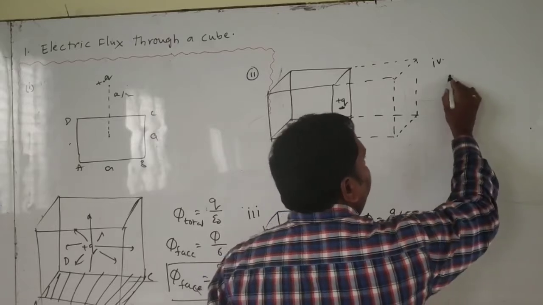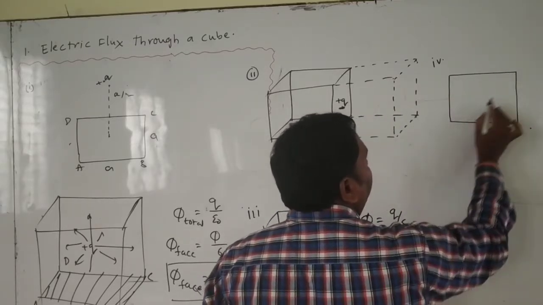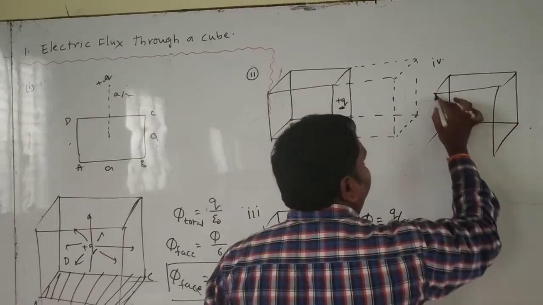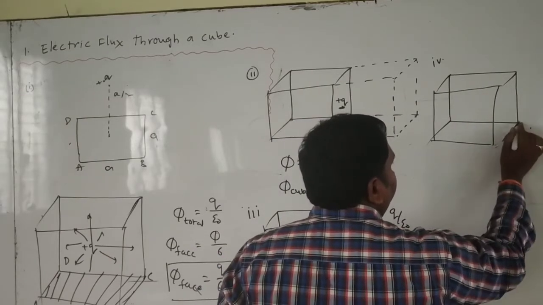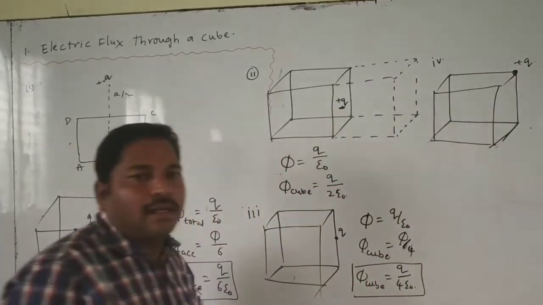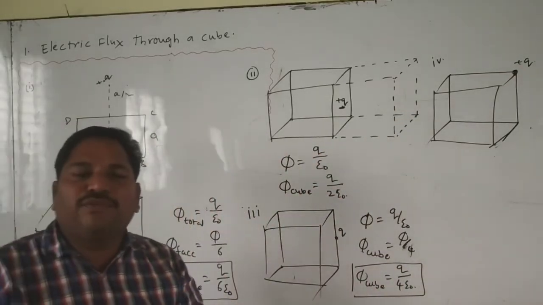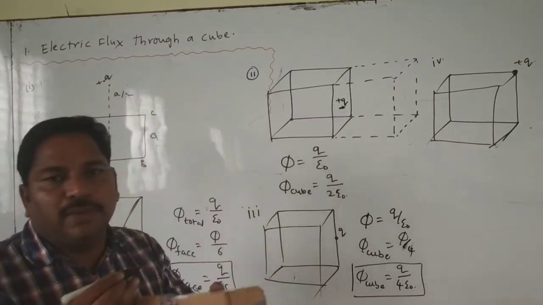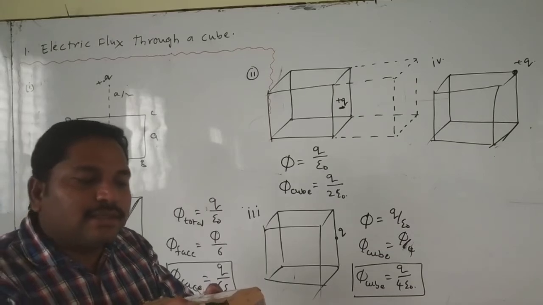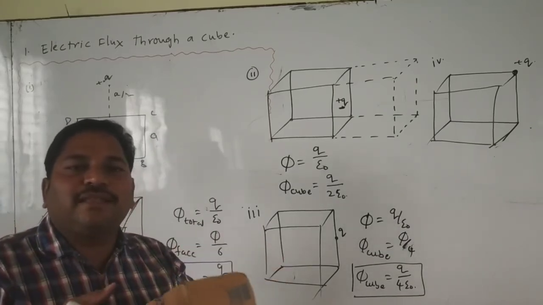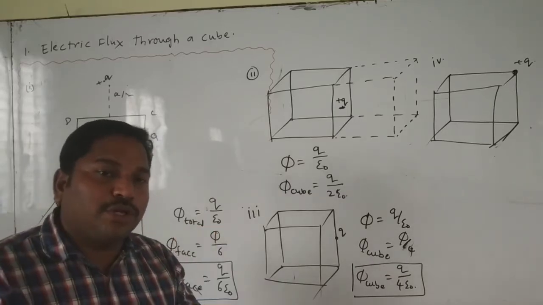Next is the fourth one. Suppose the charge is placed at the corner of the cube. Here we place it. Then how much is the electric flux passing through one cube? Now this cube corner can be shared with 7 more cubes.